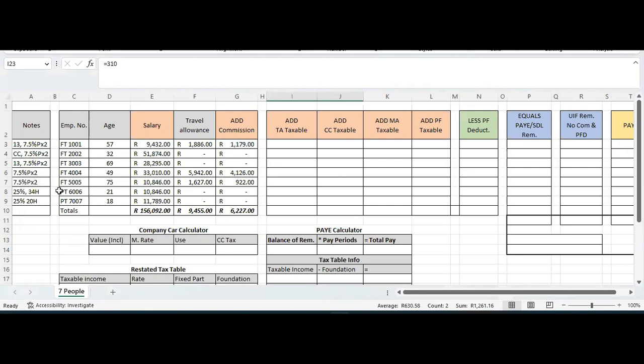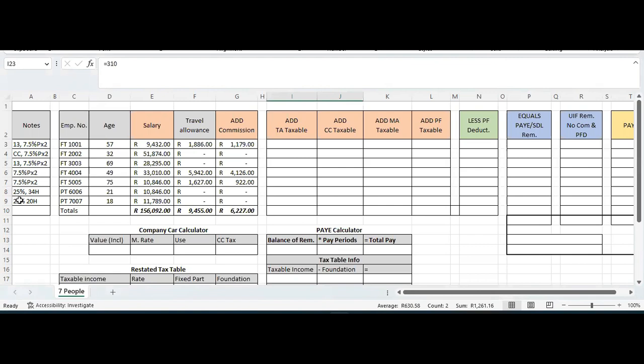Okay. Then you will see in the banner here, I said 25%, 34 hours and 25%, 20 hours. Why is that important? Because the moment somebody is a part-time employee, you are going to tax them at a rate of 25%.